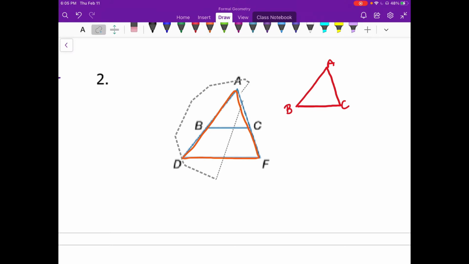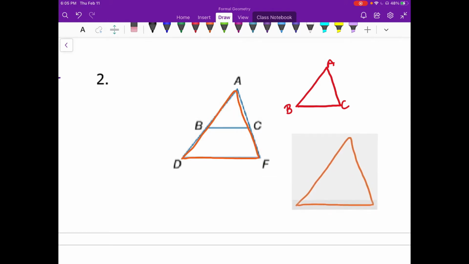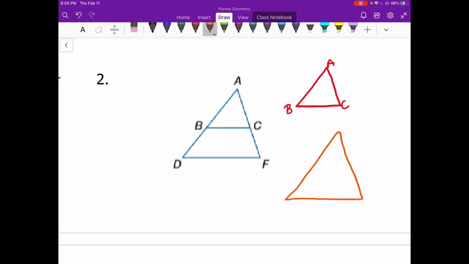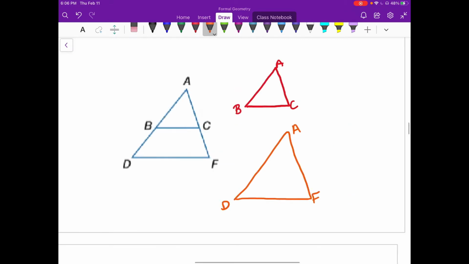If you have a hard time visualizing this ever, I would just do what I'm doing and draw it out separately. Okay, so they both share an angle. They both have an angle A. So angle A is, of course, congruent to itself.